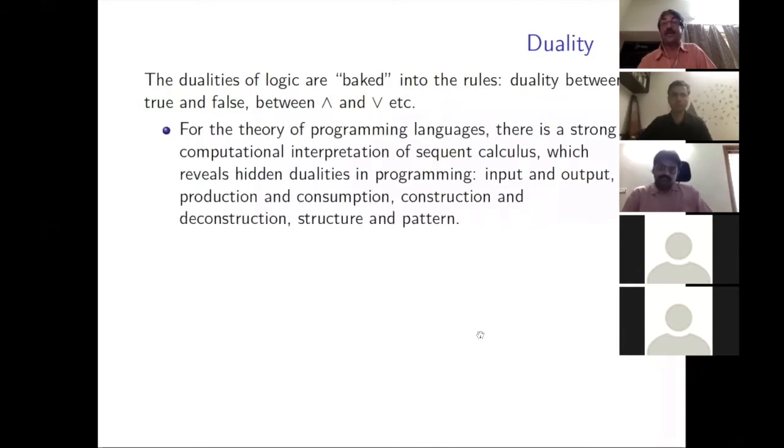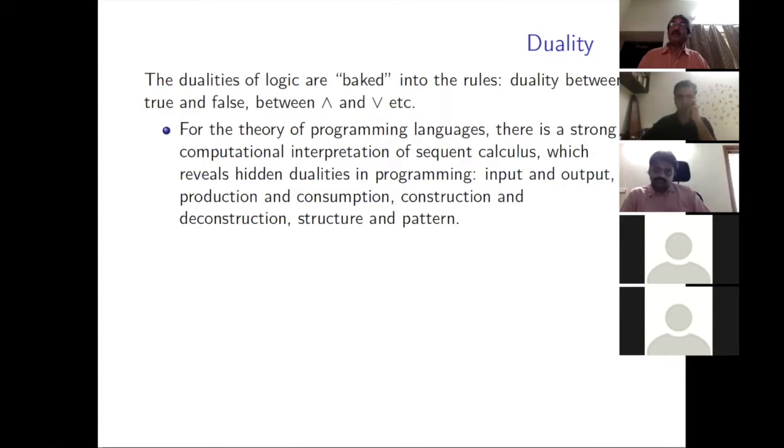And as I said, he was the one. Now, for the theory of programming languages, there is a very strong computational interpretation of sequent calculus, which actually reveals hidden dualities in programming. For instance, the input-output duality, reversing computations in one direction, production and consumption of resources, construction and deconstruction, structure and pattern.